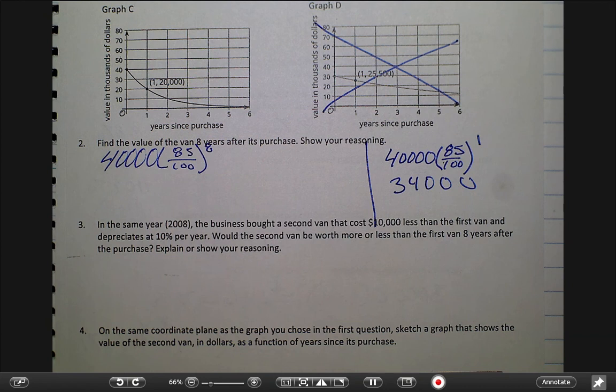Control, enter. I just brought it down. You got it? Okay.